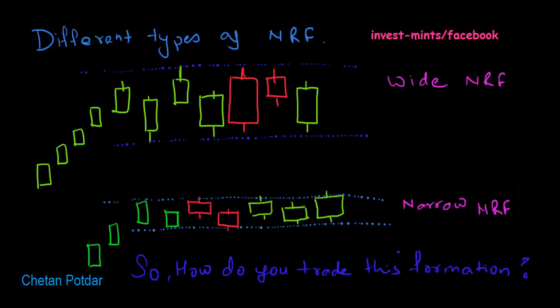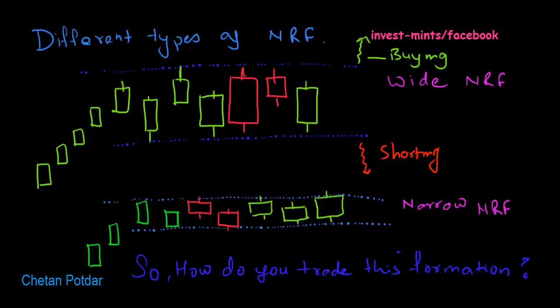So how do you trade this formation? It's a very easy formation to trade. What you need to do really is, as the price starts breaking above this, you need to end up buying here, or you need to end up shorting at this point.